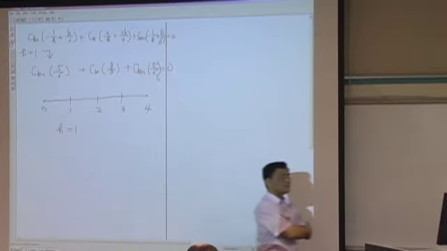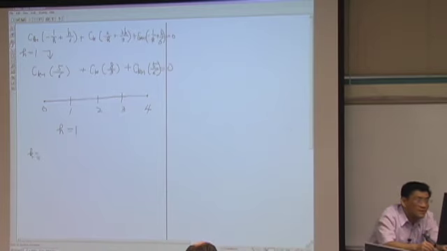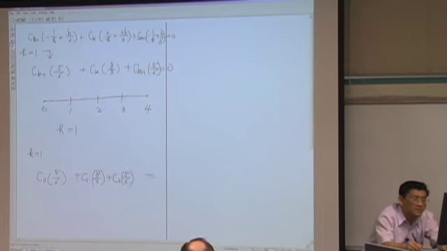If h is equal to 1, we get this system. So let's do it. When k is equal to 1, what happens is this one: C0 times 5/6 plus C1 times 8/3 plus C2 times 5/6 equals 0.